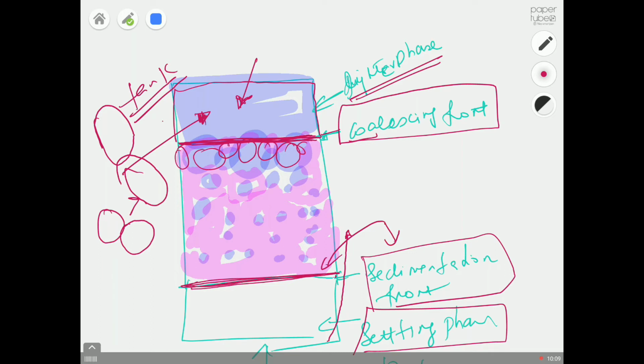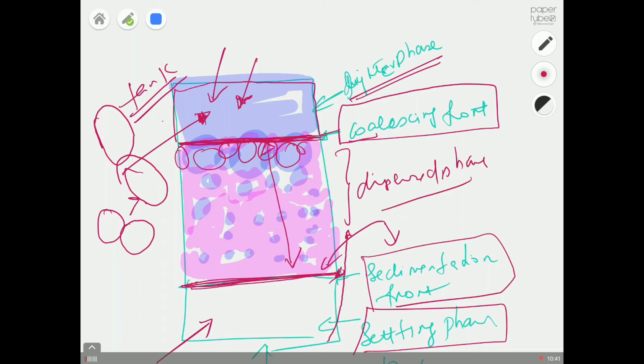In the experiment, what I gave you is the distance between the coalescing front and the sedimentation front. So when time t equals 0, we will not have this coalescing front and sedimentation front. But with respect to time, we will develop these two phases, the lighter phase on the top and the settling phase in the bottom, and in between we will have this dispersed phase.